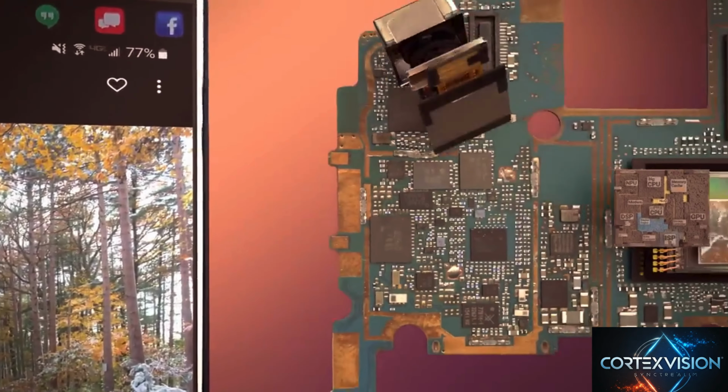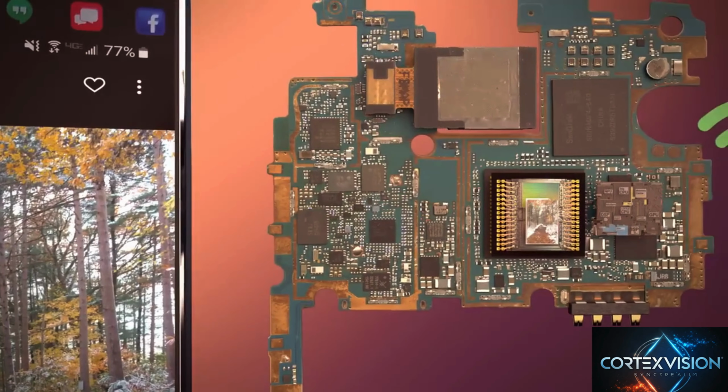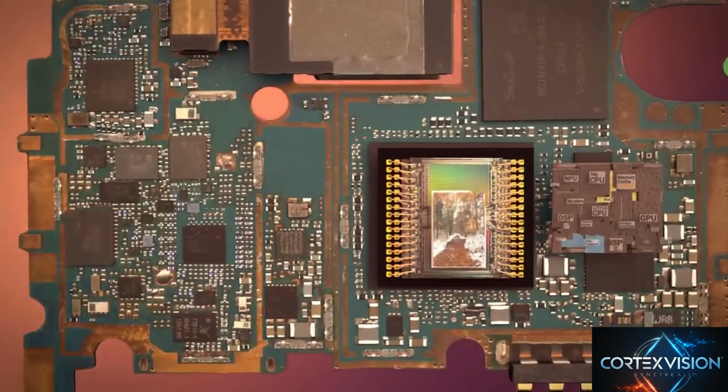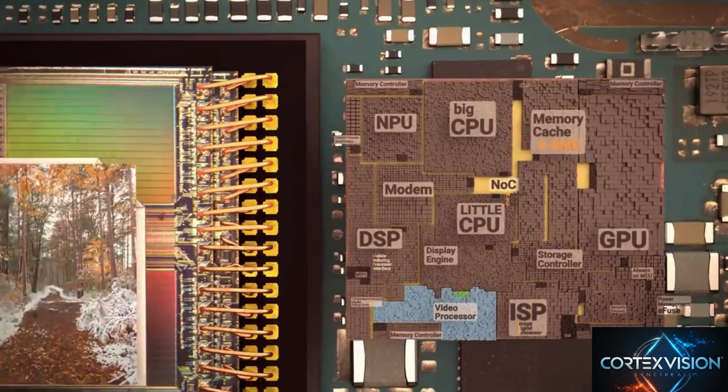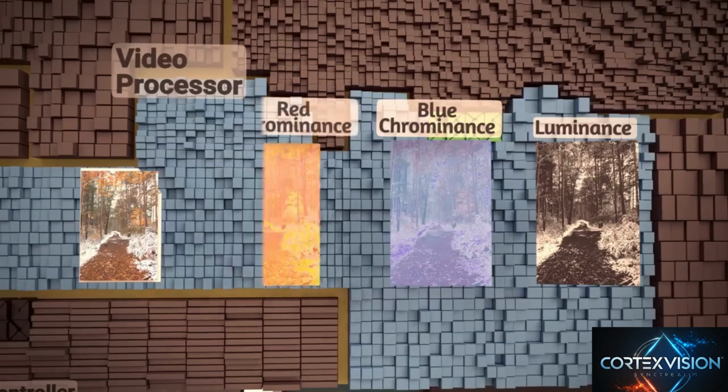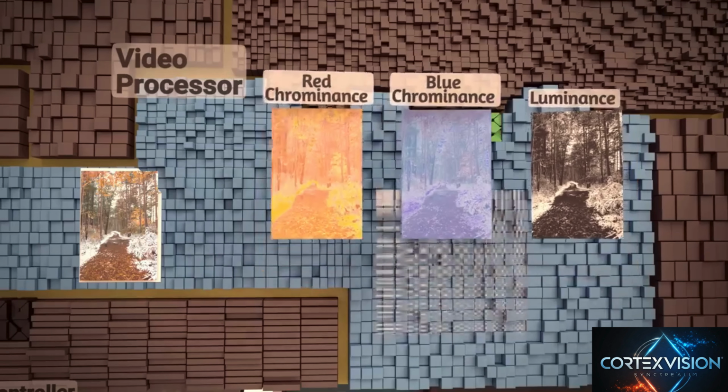But we're not done yet. How is the picture saved on your smartphone? Well, first the picture needs to be compressed, and to do that, the uncompressed image currently residing in DRAM is sent to a dedicated video coding processor, where it first gets converted from red, green, and blue values into YUV, or luminance, blue chrominance, and red chrominance values.